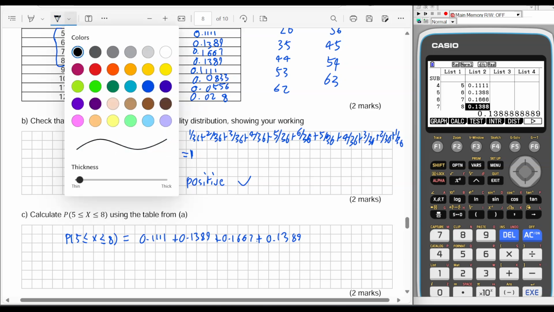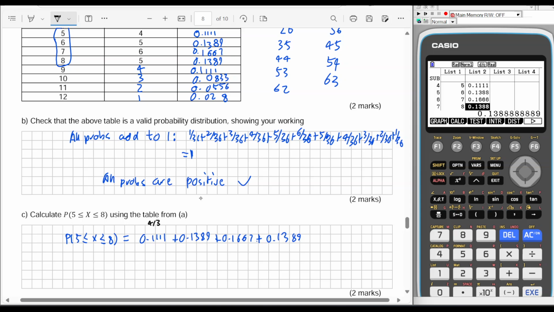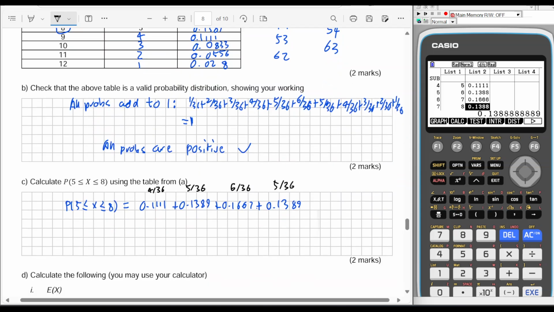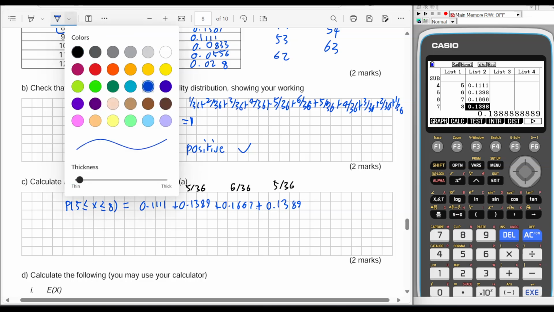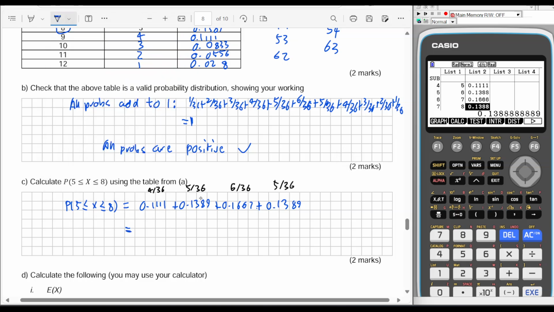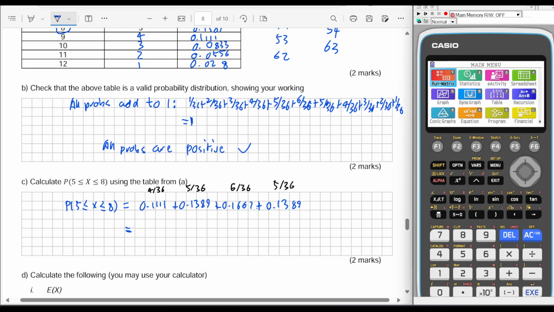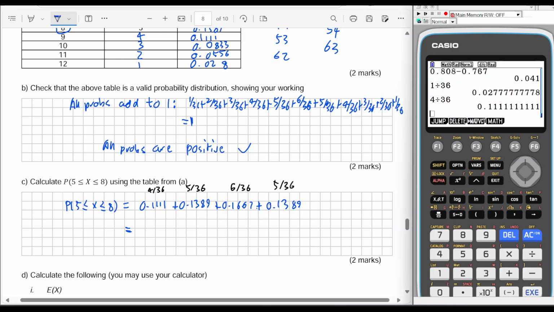So the 0.1111, this was 4 out of 36, 5 out of 36, 6 out of 36, and 5 out of 36. And we can work out what that is. So let's just chuck that into a calculator. Well, 4 plus 5 plus 6 plus 5 is 20. So 20 out of 36 should be our answer there.